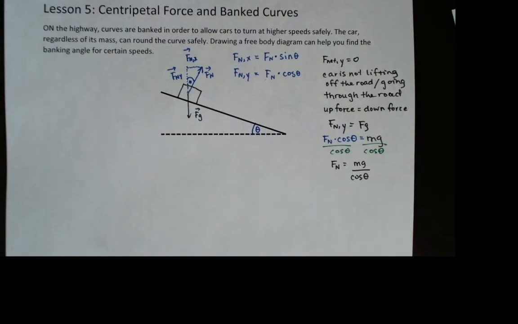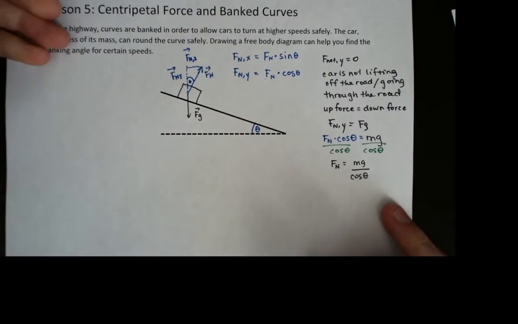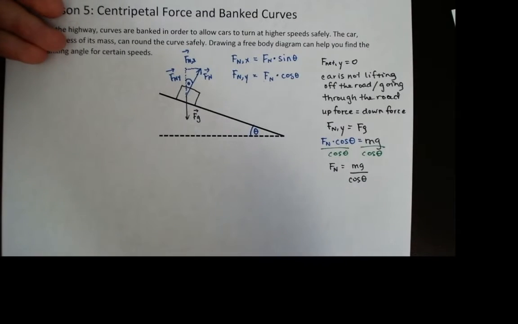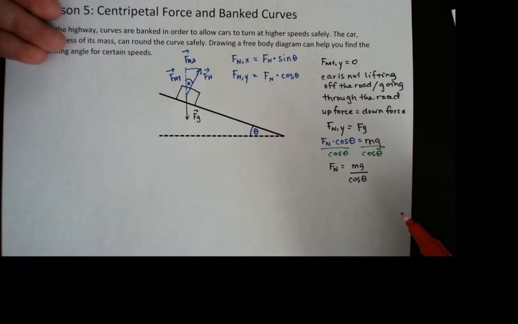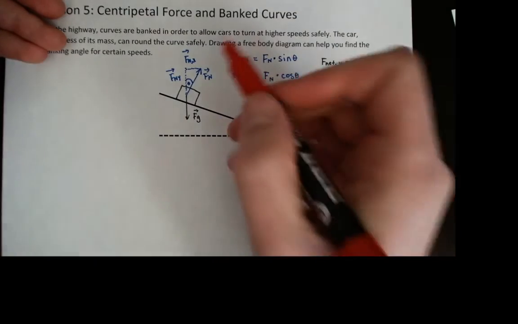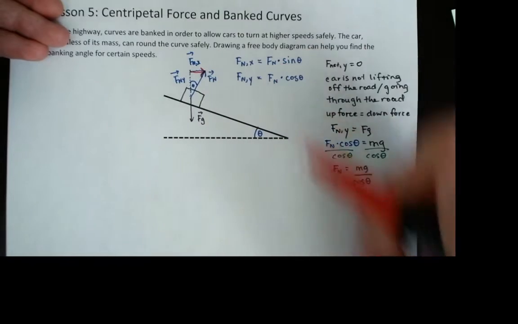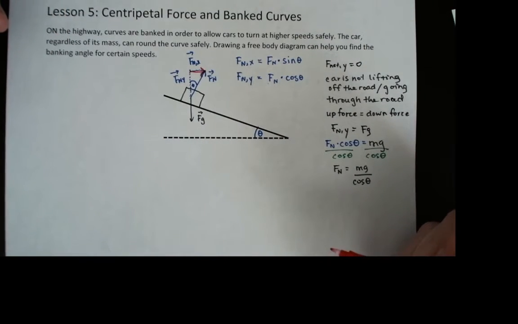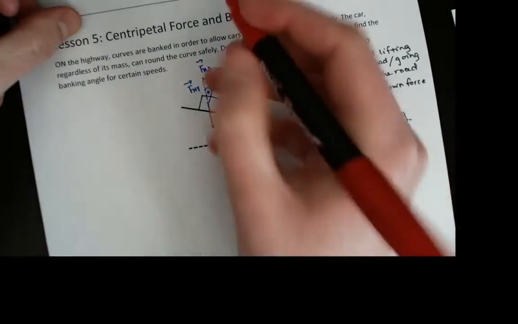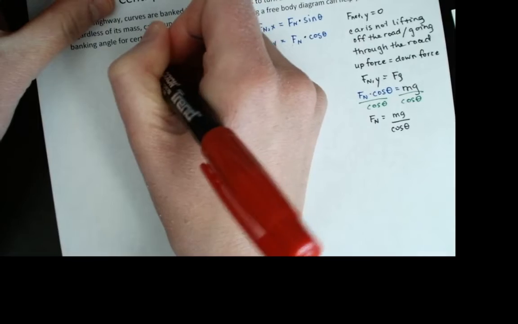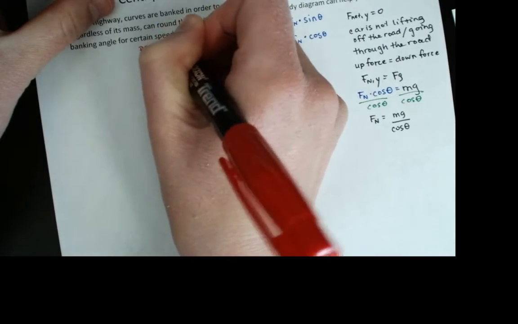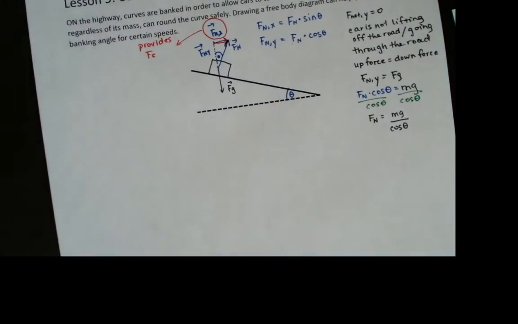Now, if we think about the x direction, before on that other sheet, I'd mentioned that the normal force could provide the centripetal force. Centripetal force always points towards the center. So Fn in the x direction is what provides the centripetal force on the car. So Fnx provides the centripetal force, pointing to the center of the circle.